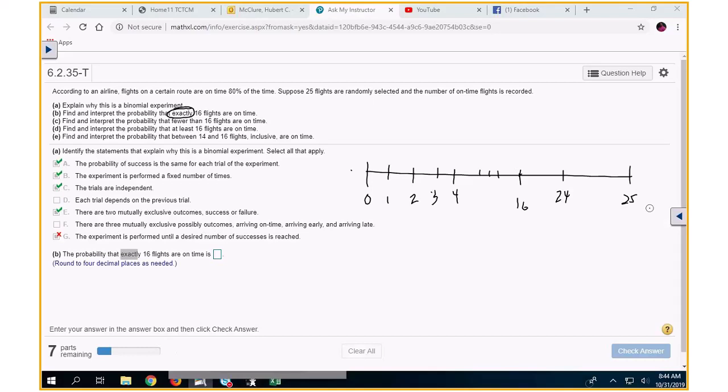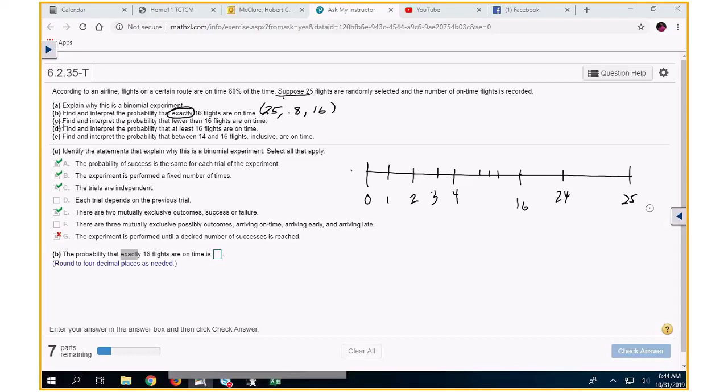N is 25, 0.8, and what? 16. Now remember me telling you that this was an easy section because you could do everything on the calculator, but you had to be able to read. All 4 of those are what we went over that first day in chapter 6.